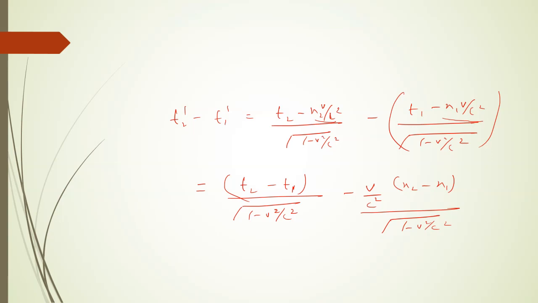Here v by c square is common. Now from equation number 1, what was equation number 1? t1 equals t2. Now use equation 1. If t1 equals t2, then this term will become 0. So we get t2 dash minus t1 dash equals minus v by c square times (x2 minus x1) divided by root of 1 minus v square by c square, equation number 4.